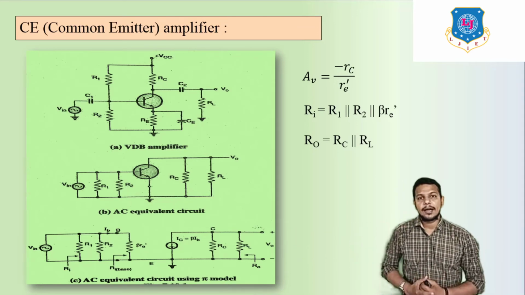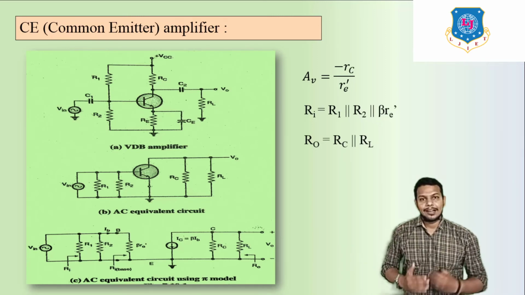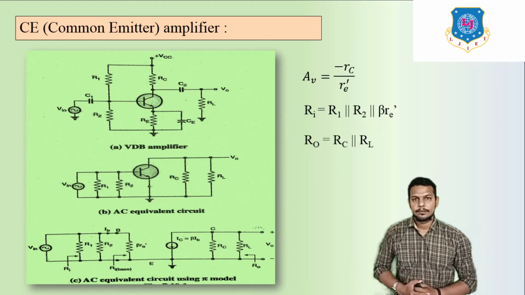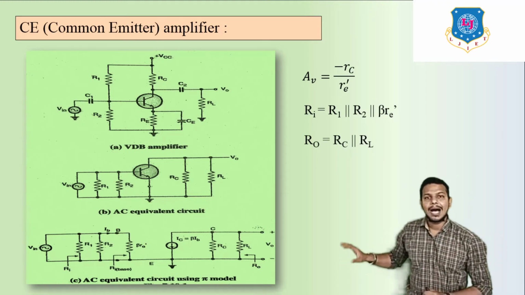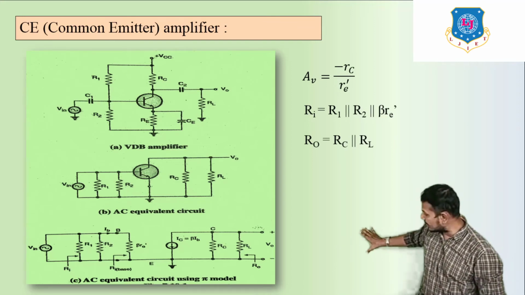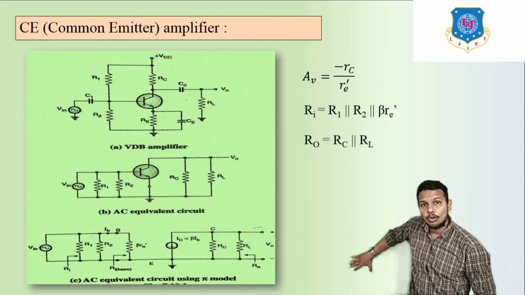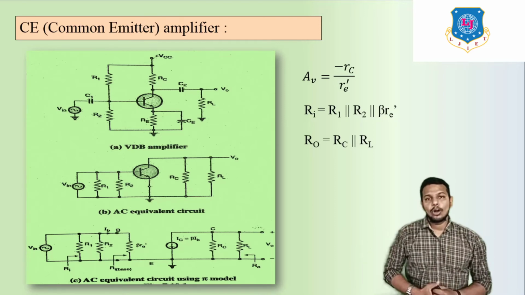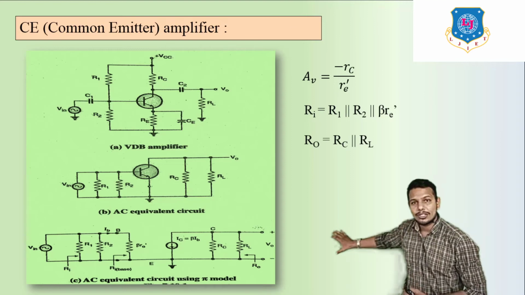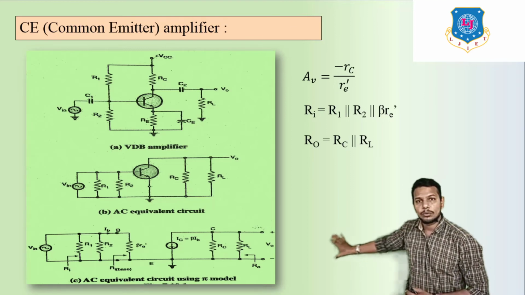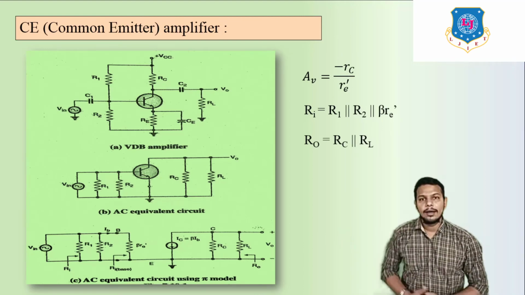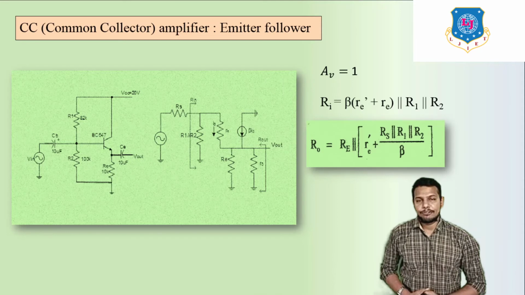These three resistors are parallel with each other, and across them we find Ri, the input resistance. And finally we find Ro, the output resistance, at the output side. Here it becomes very easy because RC and RL are both parallel to each other, so Ro is RC parallel RL.